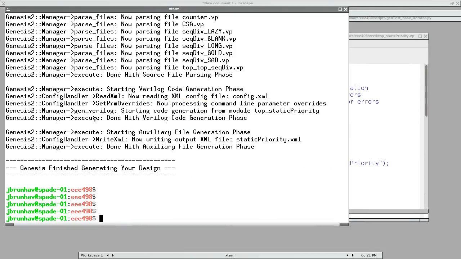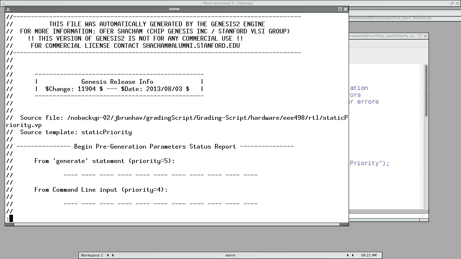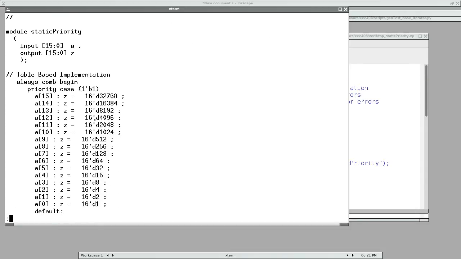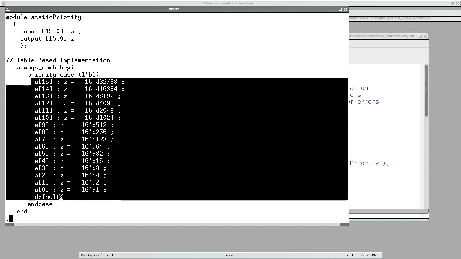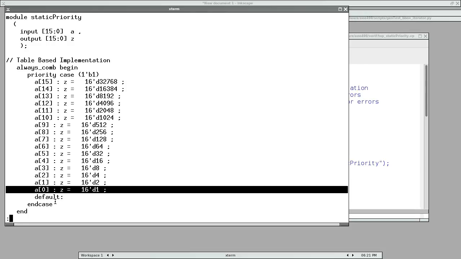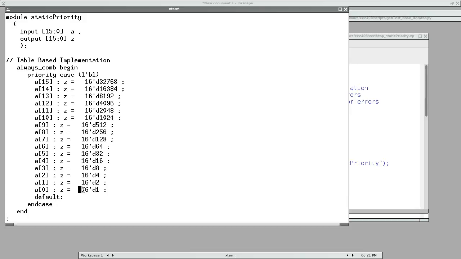So what we should have is in Genesis under synth, we should have the static priority.v, which is the generated Verilog. And what we should get is A0. So we should get our loop unrolled. So if the 0th bit is 1, then we should output a 1.